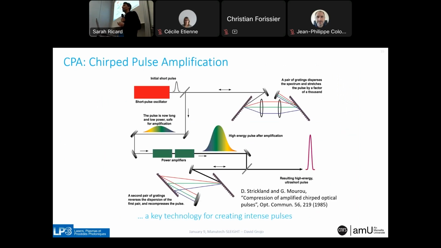In practice, this does not necessarily require making a specific system to correct for this, because most of the lasers we use for laser processing are what we call amplified femtosecond lasers. So we have a femtosecond laser oscillator, but to reach enough energy to get modification, we rely on the CPA technique, which is the technology for which Gérard Mourou recently got the Nobel Prize.